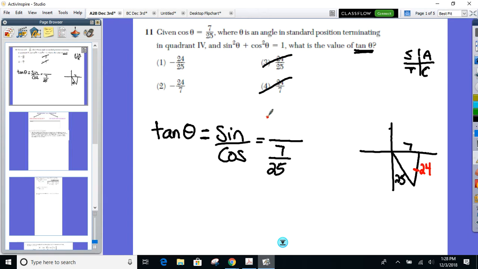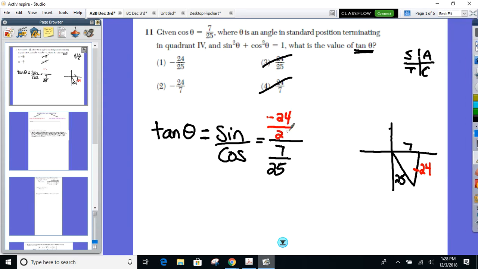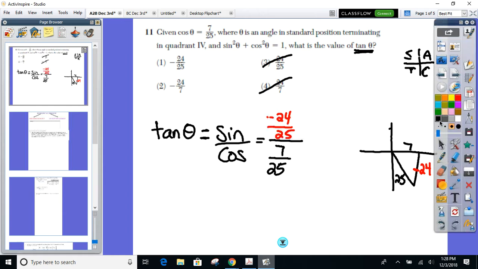So negative 24 over 25. Now you guys can skip, flip, somersault if you want to figure that out, or you can just go to your calculator and do 3 fraction templates, alpha y equals, and figure out of the 2 remaining choices, which one do I have?